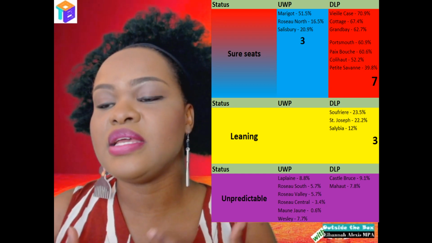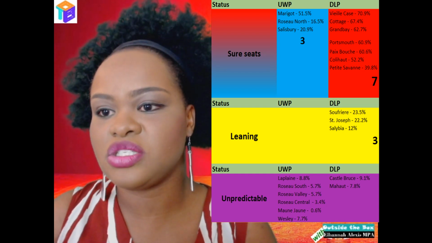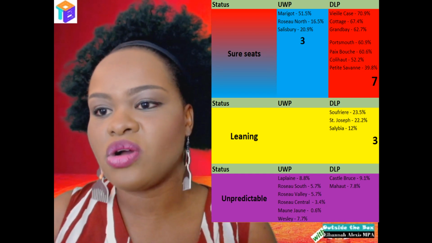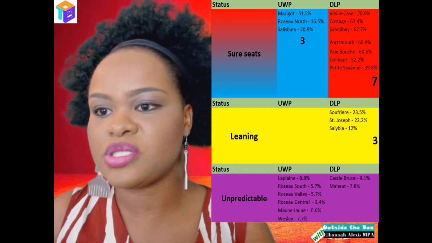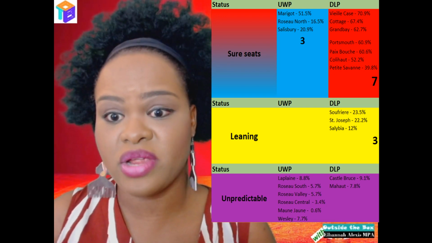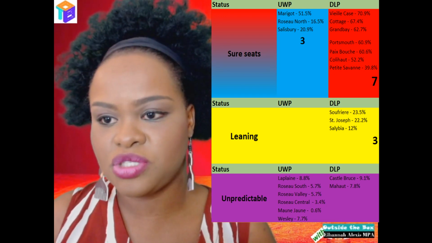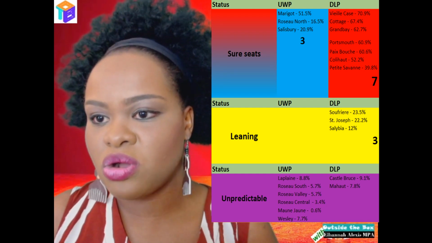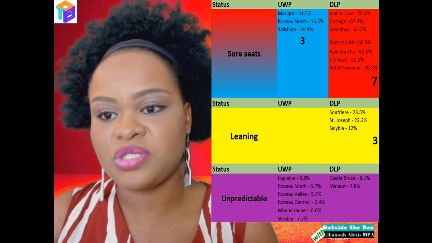And I think the same thing of the other constituencies. I mean, the Cottage constituency, the Grand Bay, the Portsmouth, and Paybush constituency, as we know, they're very high. There's less likely to change. The Collyho constituency, I don't think it's likely to change as well.